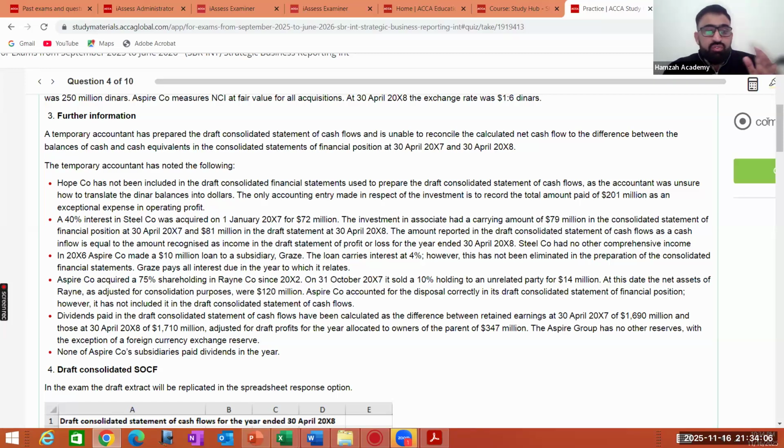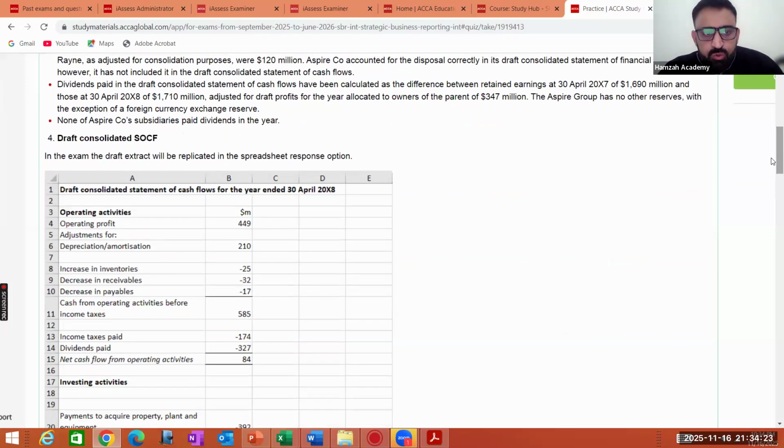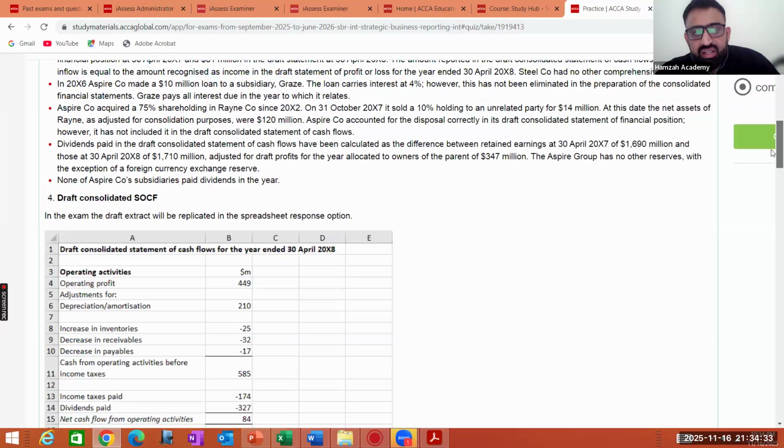Okay, now, first of all, they have recorded 201 as an operational expense, rather than in the investment category, in which investment should be debited and cash should be credited. Now, what you have to do is adjust that amount in 449. You have to add back 201, and adjust this 201 in the investment category.